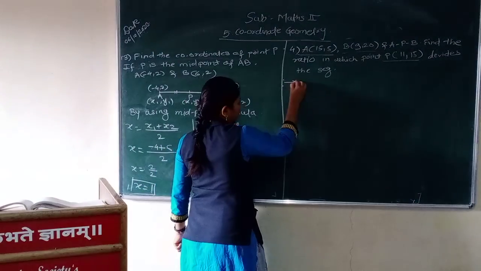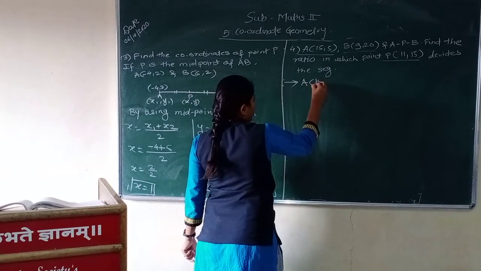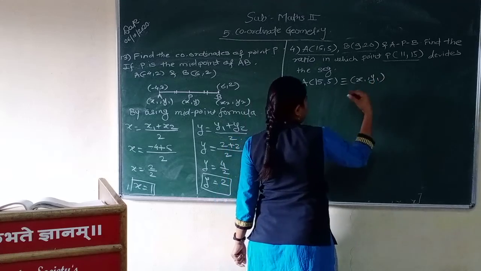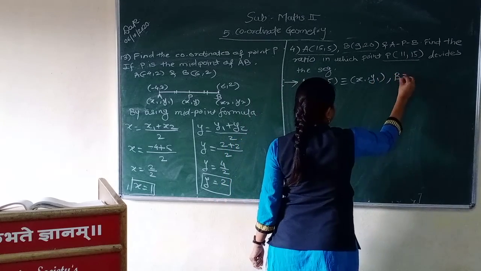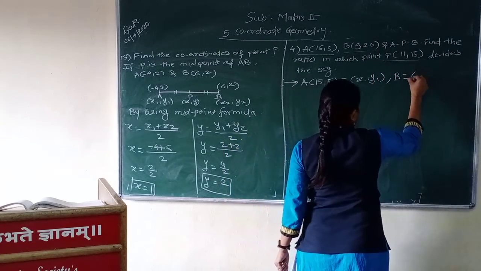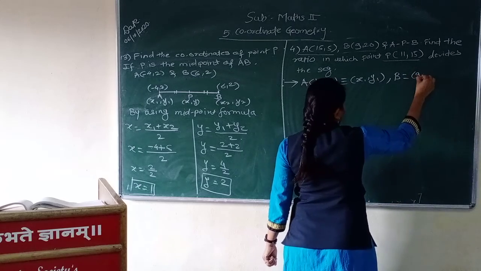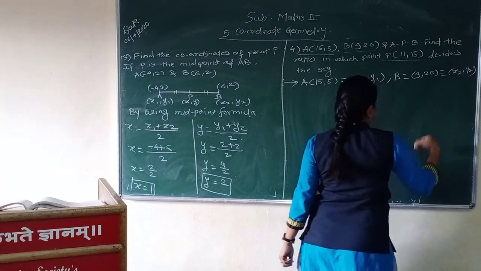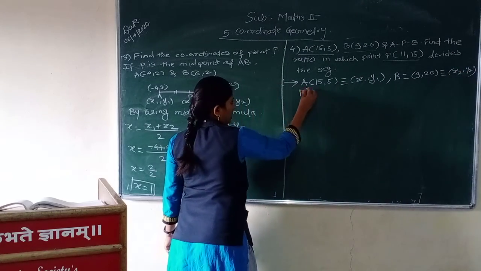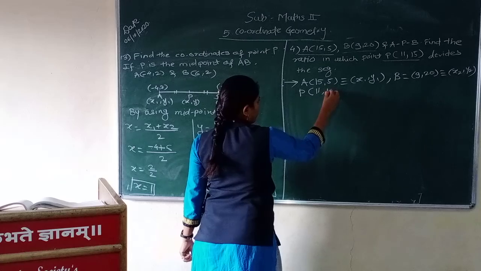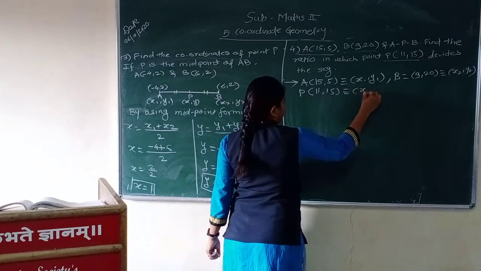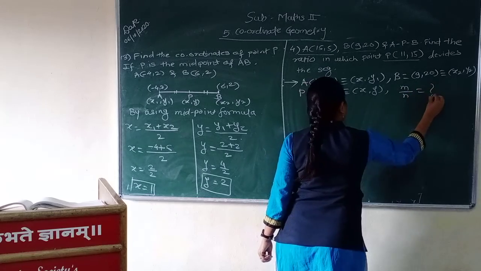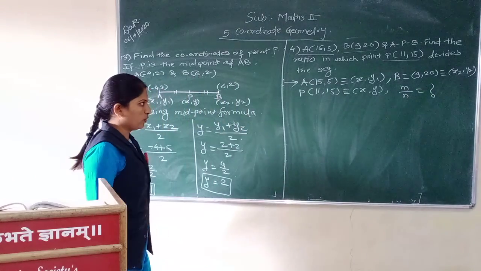Write down firstly the given things: A (15, 5), x1, y1, then B (9, 20), x2, y2, then P is (11, 15) means x and y, and you have to find m upon n.